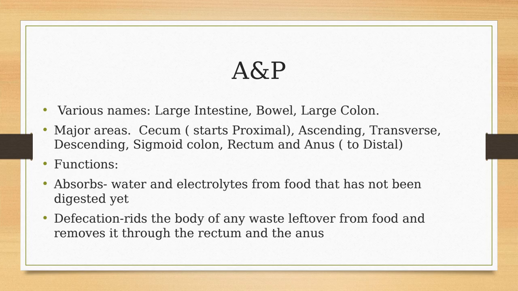So this is a little bit of that A&P I talked about. The best way is to, and I'll show you a picture here in a minute. So we talked about what the small intestine's primary role is, that's digestion and absorption. But the large intestine has two roles, and that's absorbing water and electrolytes from food that is not yet digested.